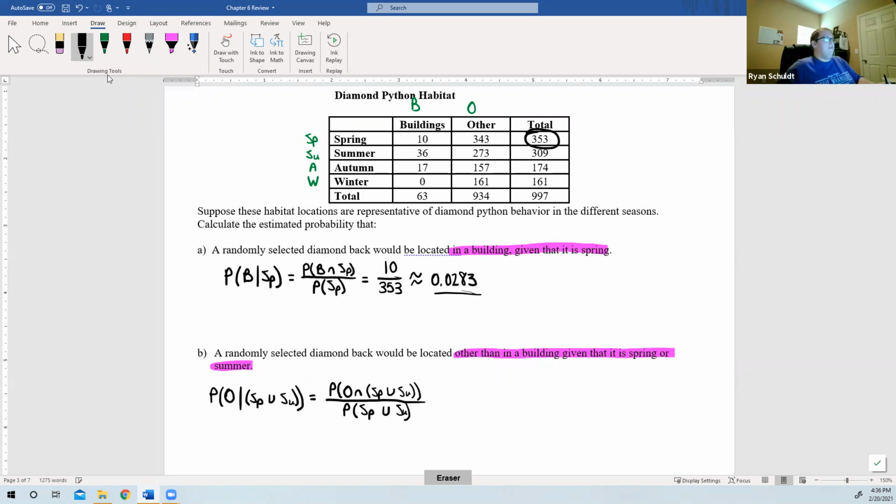Okay, so let's look here. Probability of other and spring or summer: other in spring, other in summer. It's going to be 343 plus 273, divided by the probability of spring or summer altogether, 353 plus 309.